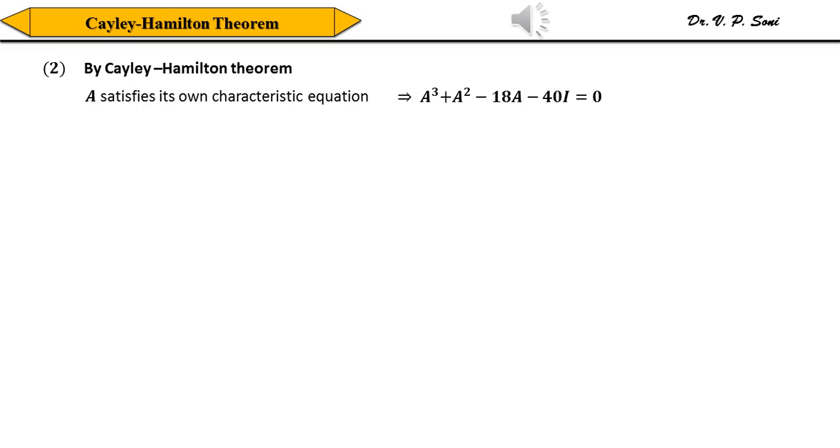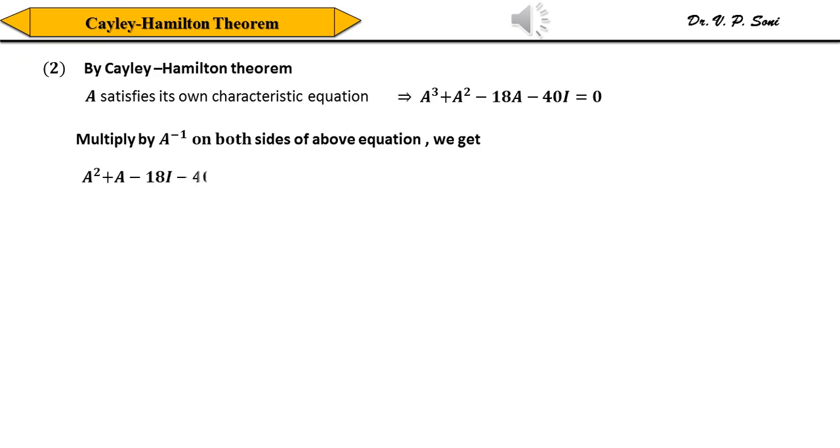Now multiply A inverse on both sides of the above equation, then we get A square plus A minus 18I minus 40A inverse equal to 0. Now make A inverse the subject, then we get A inverse equal to 1 upon 40 into bracket A square plus A minus 18I.